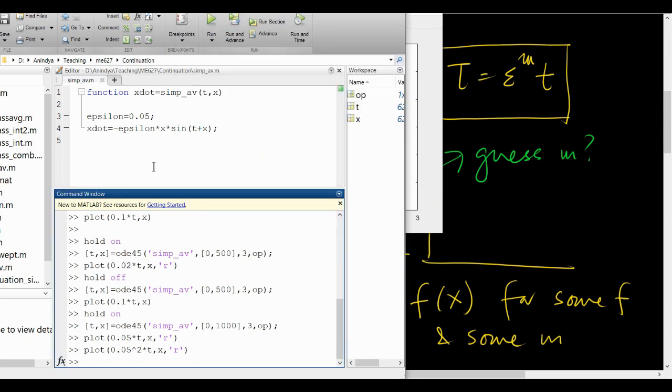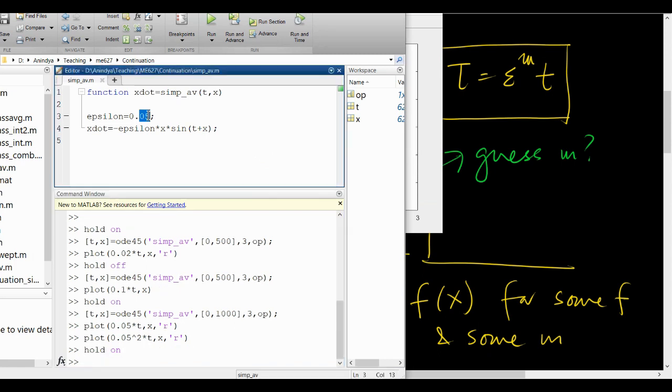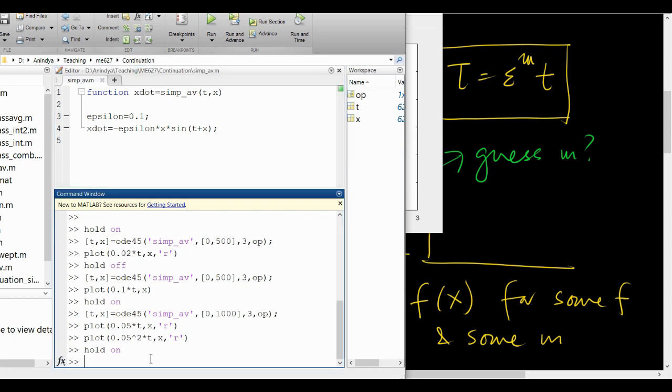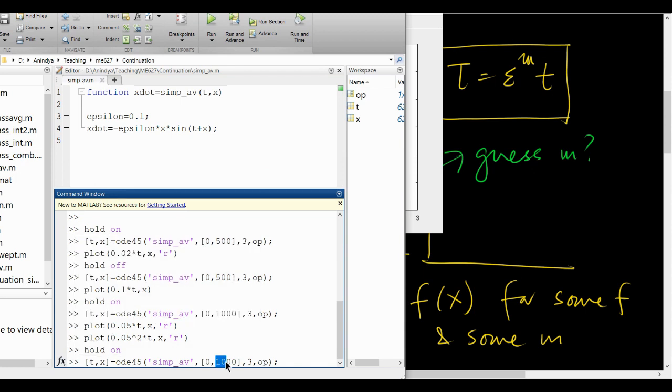That's the graph. Very good. Now I come back here. Sorry, hold on. Then I come back here and I make this 0.1. So if epsilon is doubled, the time frame should not become half. Since I am guessing m equals 2, the time frame should be 1/4. I'll do that. So I'll come here and integrate till 250.